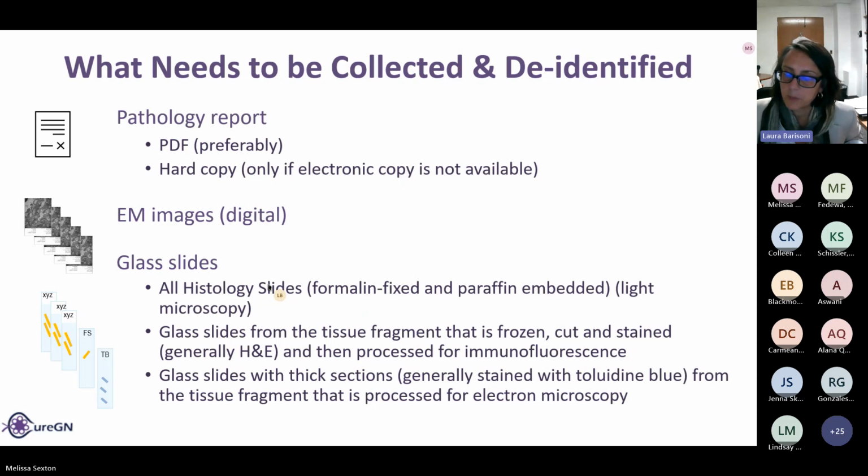And then the glass slides with the thick section that is stained with toluidine blue are generally blue, a small fragment of tissue, different from all the others, very small, generally more than one section per slide. And that's the tissue that is used for electron microscopy. But again, the pathologists take a section, they look at it under light microscopy, they decide it's good tissue, and then they do electron microscopy. So all this material needs to be de-identified. Next.